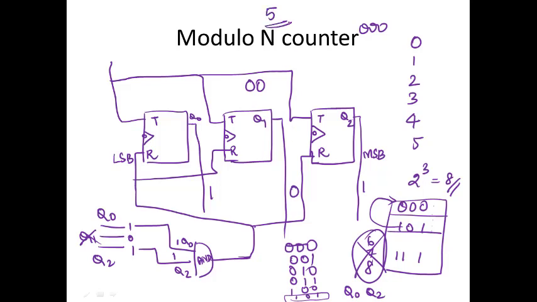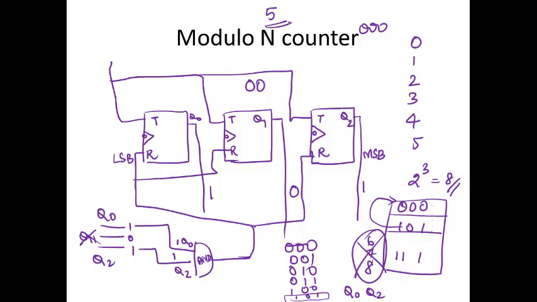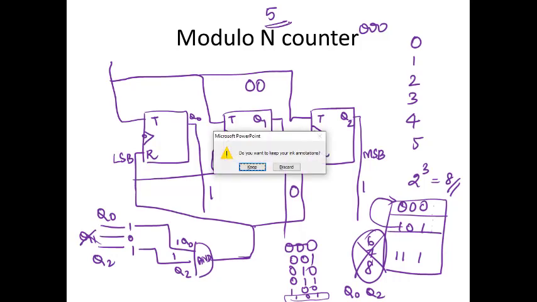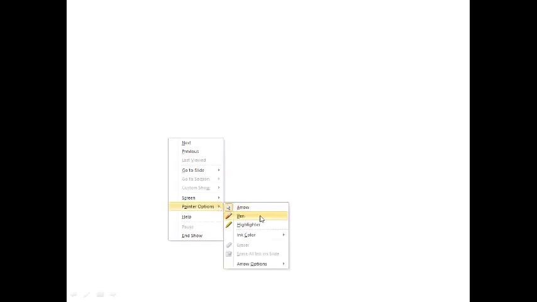The same way, the decimal counter can also be done. So the decimal counter, as we know, from 0 to 9 we need to count, am I right?